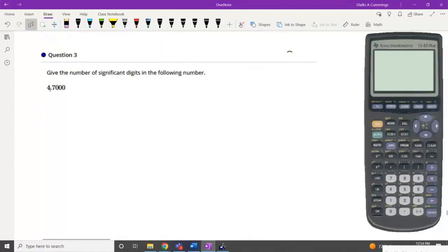Because these zeros are after the decimal. So if I were to count up the number of digits here, I would have 1, 2, 3, 4, 5 significant digits. So we would include those 3 zeros after the decimal.